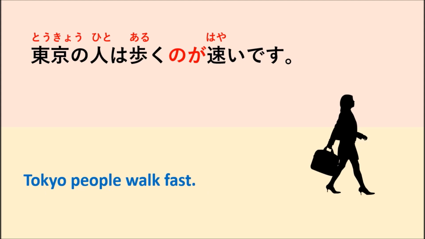But you want to explain walk fast or walk slow, or how Tokyo people walk. So you can put no ga, and after that you can put the adjective to explain. This means we want to explain the first part of the sentence by using the adjective in the second part, or at the end of the sentence, like hayai, suki, kirai, something like this.